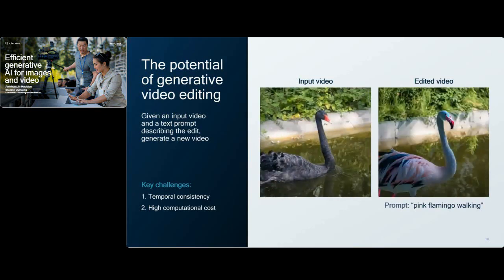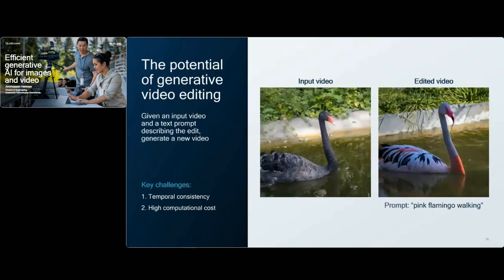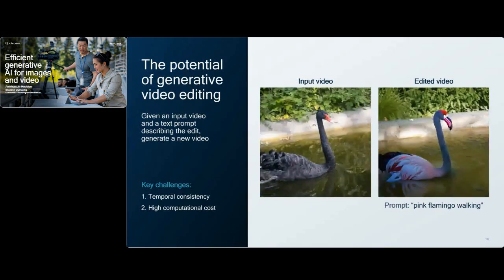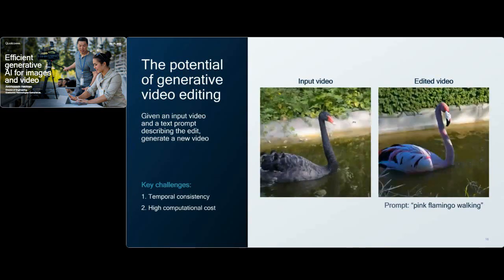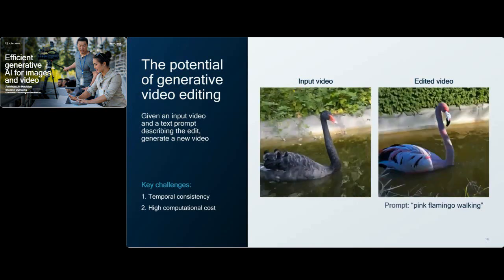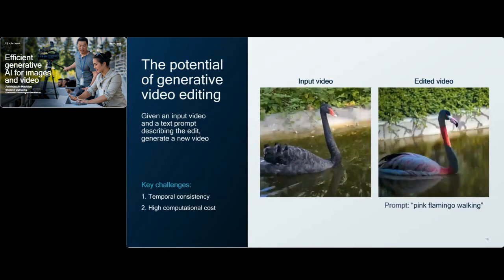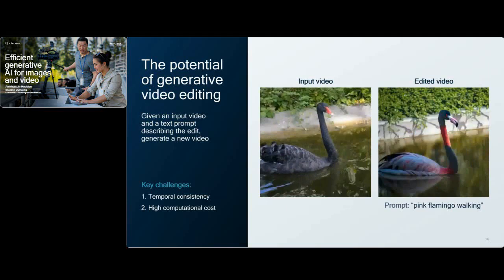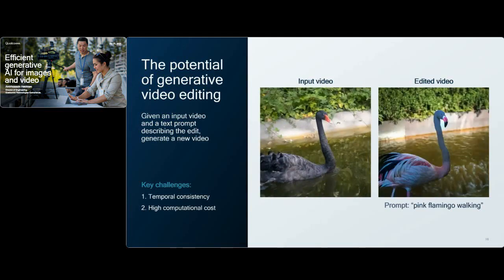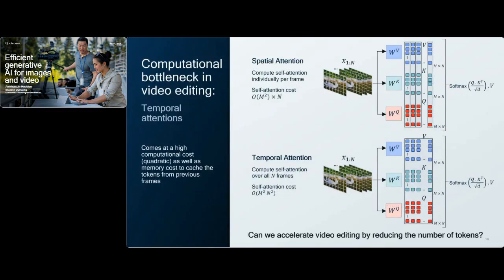methods. To improve this temporal consistency, the state of the art relies on temporal self-attention, which comes at a high computational cost, especially when the number of frames grows. Here we illustrate how self-attention works, both in the spatial, frame-by-frame, and temporal settings.